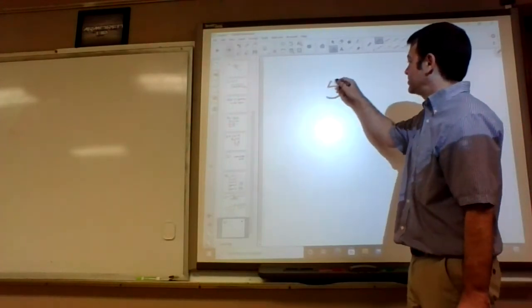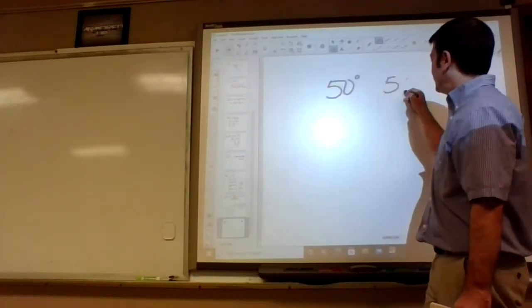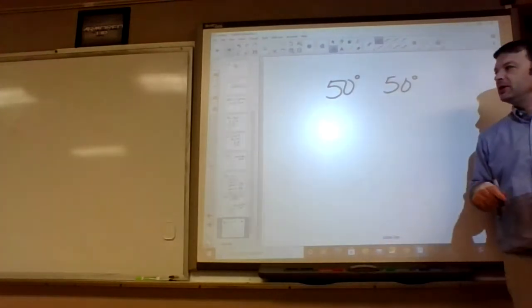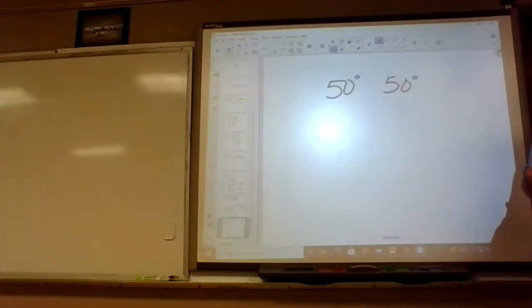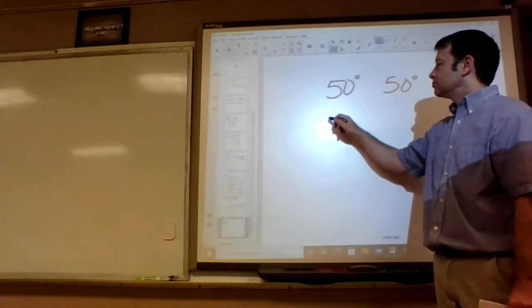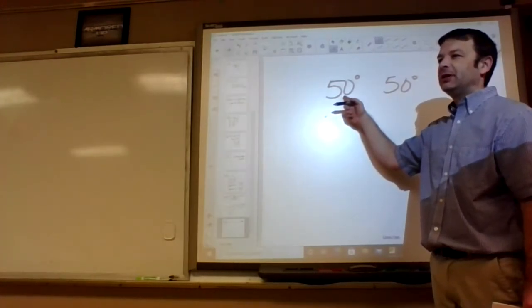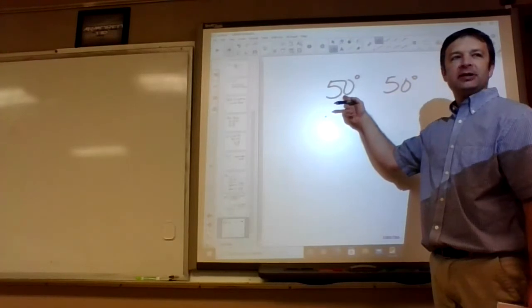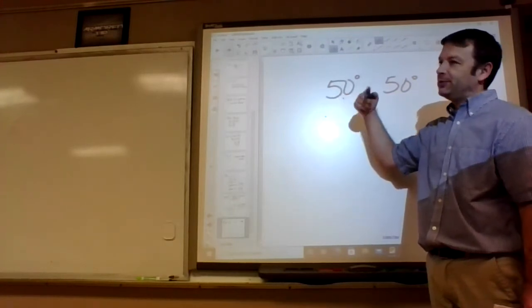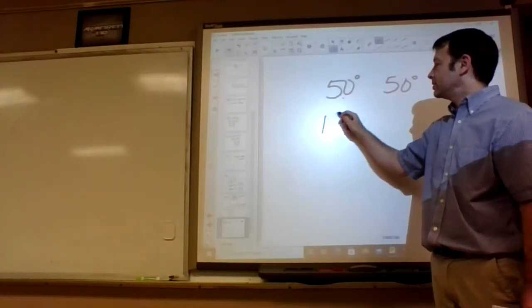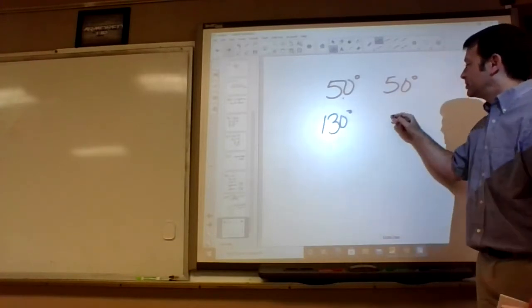Right. Two angles that are equal. So let's say we have two 50-degree angles. Those are congruent, right? What would the supplement of those angles be? What does supplementary mean? Adds up to 180. So if one of them is 50, what's its supplement? 130. So what would this supplement be?